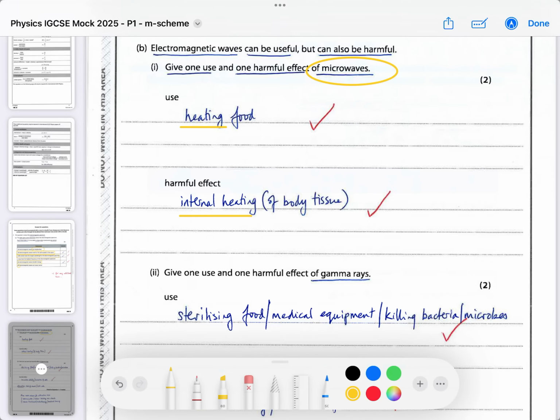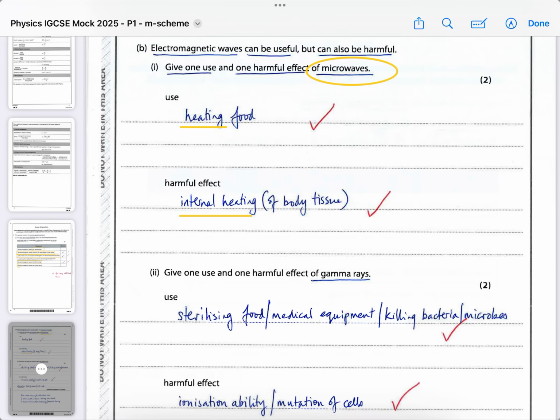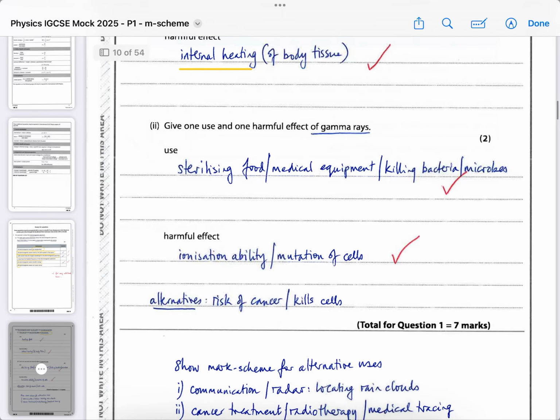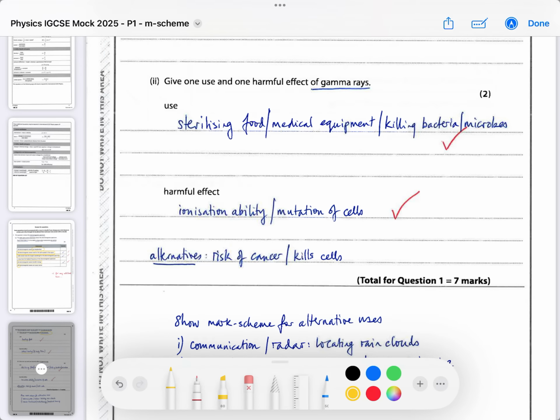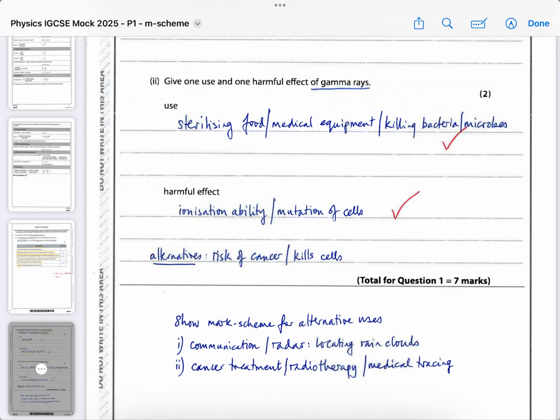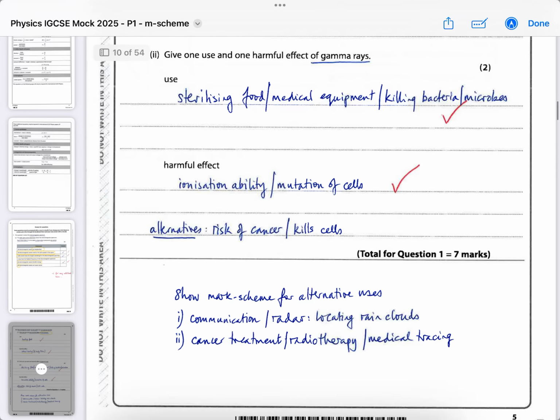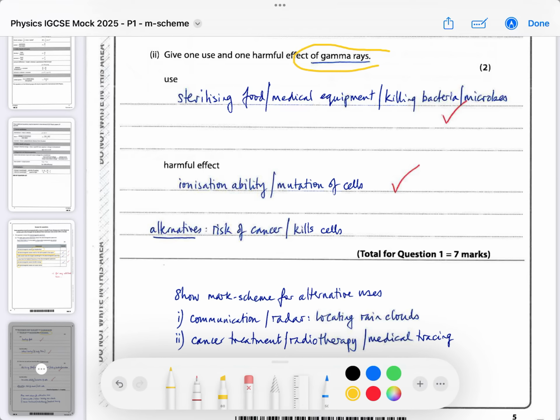Okay. So then the second one they want you to look at is gamma rays. Gamma rays are the highest frequency electromagnetic waves. So when you're looking at gamma rays, you should mention that it's used for sterilization of food or medical equipment.